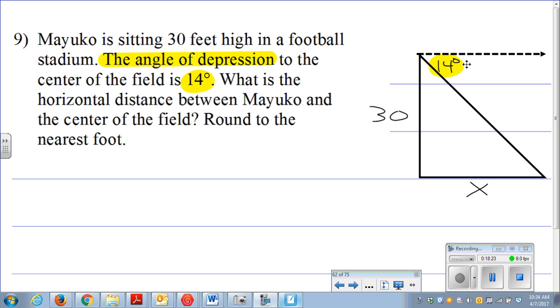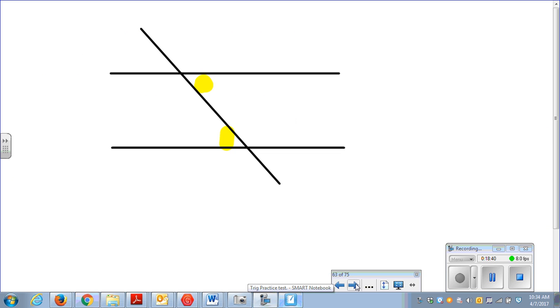Now, here's the problem with this particular question. Our angle of depression is not inside our triangle, and we need an angle inside the triangle in order to work our trig. So let me show you a particular principle dealing with a transversal and two parallel lines. Anytime you have a transversal and two parallel lines, the alternate interior angles, the angles on the inside of those two parallel lines, are the same when you go across the transversal.